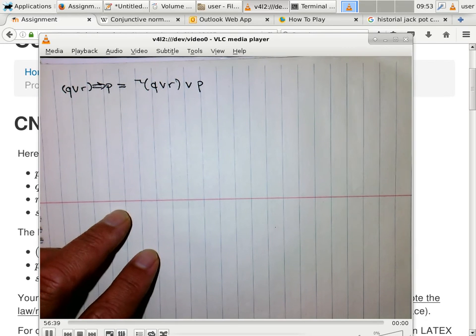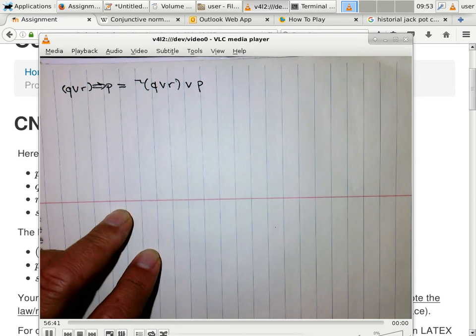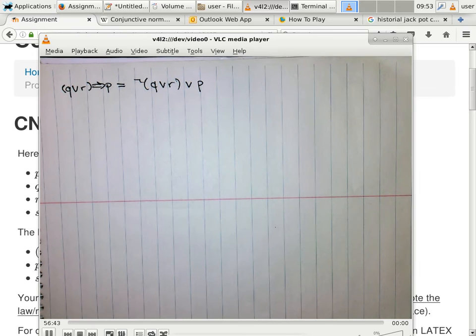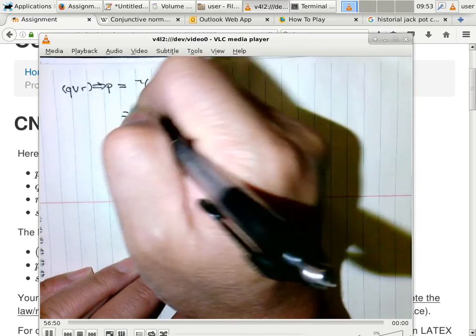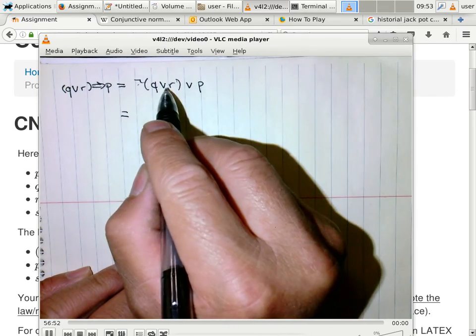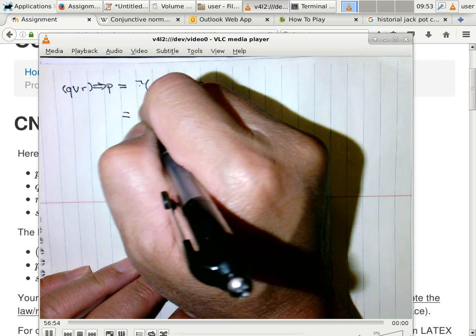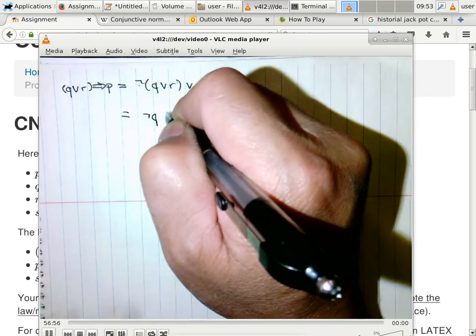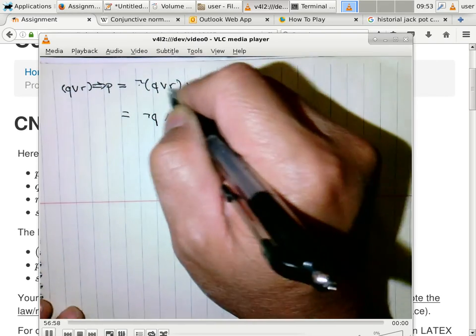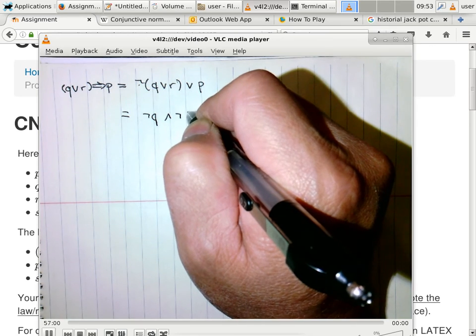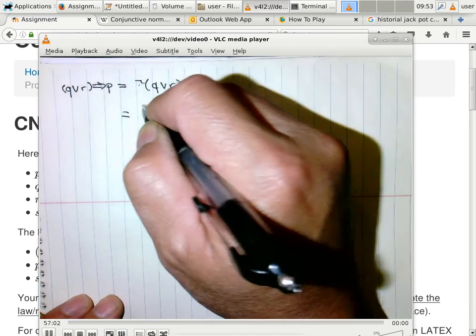It looks like we can just dissolve the parentheses, but we cannot, because the negation applies to the disjunction of the first part. Instead, we have to apply De Morgan's law so that we don't have a negation on the outside. Once you apply De Morgan's law, you negate everything on the inside, and change the operator from disjunction to conjunction in this case.